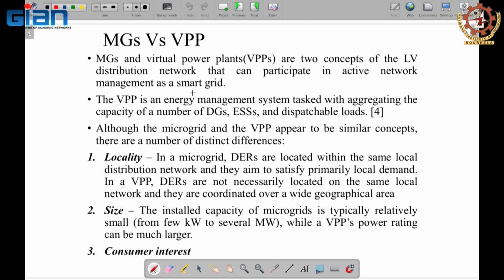Different countries define their own ways of calling it micro or mini, and these definitions are dynamic, keeping on changing as we progress.